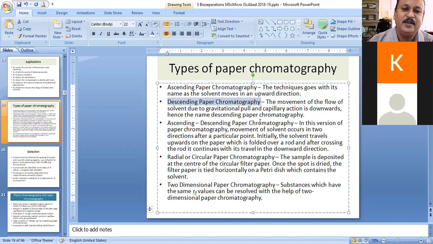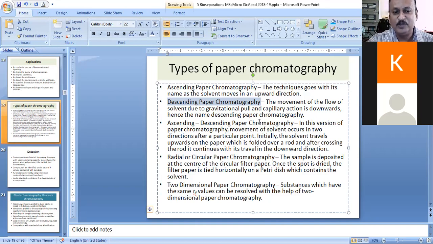But on the other hand, in descending paper chromatography, because the rate of movement is faster, the separation is probably not very good. In ascending paper chromatography, because it takes a longer time, the separation can be better.